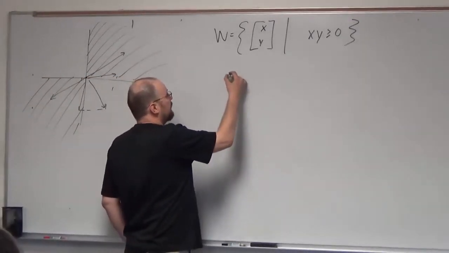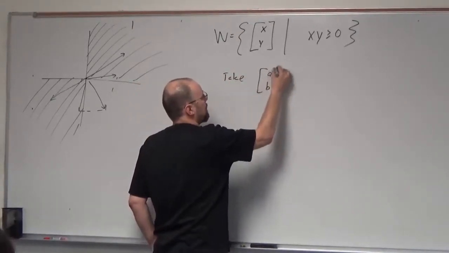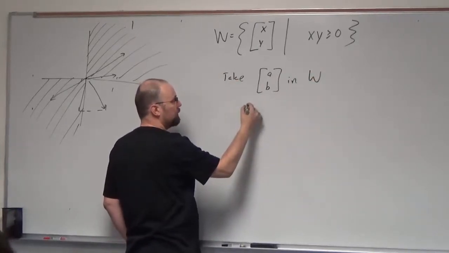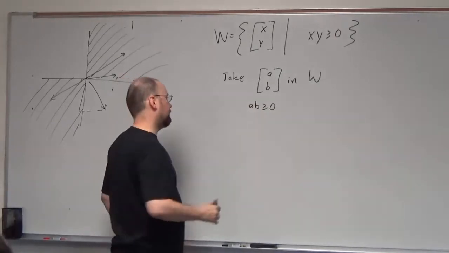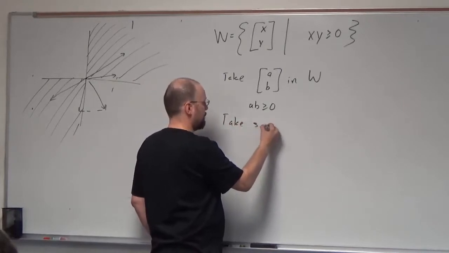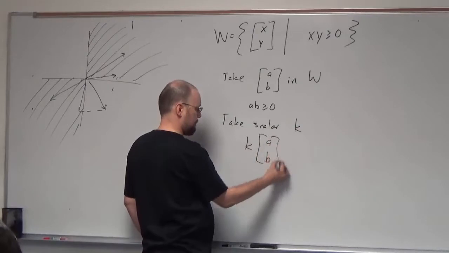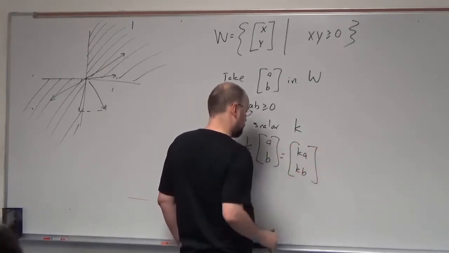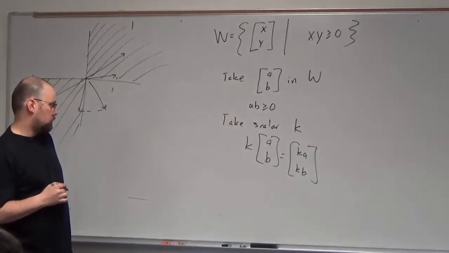Okay, so clearly, if you take such a vector in W, we know that A times B is not negative. You take a scalar and you scale it. How do we know whether this is in W or not? How do we check?